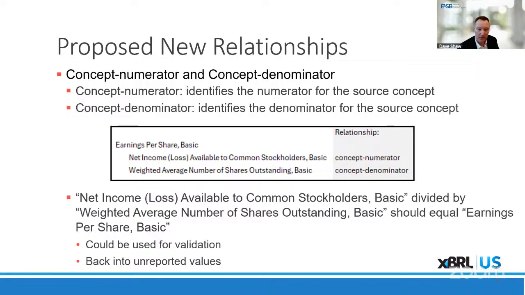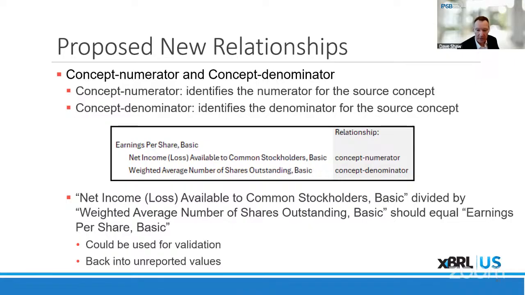So the benefit of providing such a relationship within the meta model is that it allows a validation check to be performed. When all three of these values are reported within a filing, they should mathematically work out. Conversely, if only two of the three values have been reported, then you should be able to back into the third value.